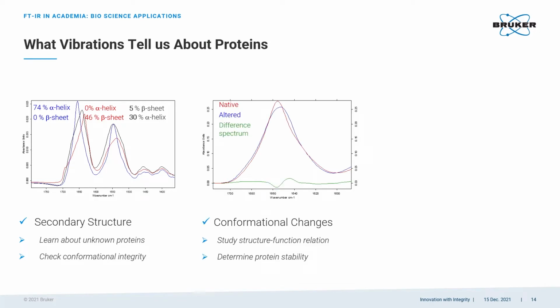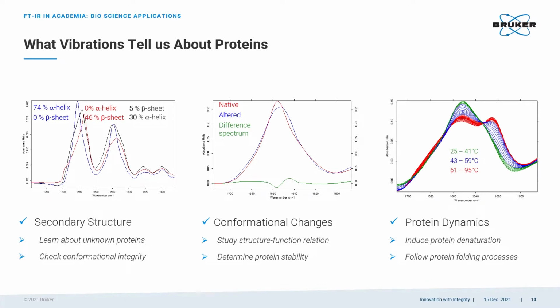We also will recognize if there are certain conformational changes, and this helps us to study the structure-function relation as we've seen in the examples before, and also to control if a protein is stable or if there's any denaturation process ongoing.